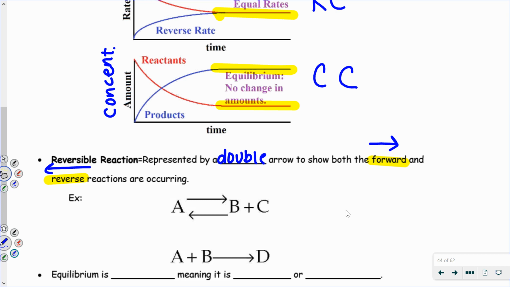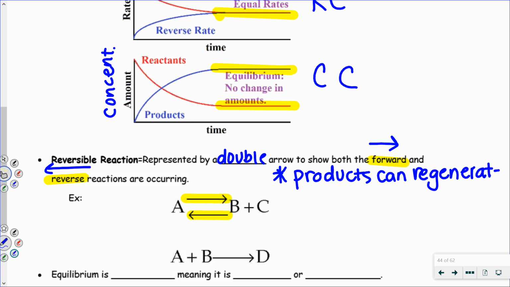So if you look at this example right here, we have a forward reaction and a reverse reaction. That represents an equilibrium or a reversible reaction. And what it means to say reversible is that my products, what I end up with, can regenerate the original reactants.